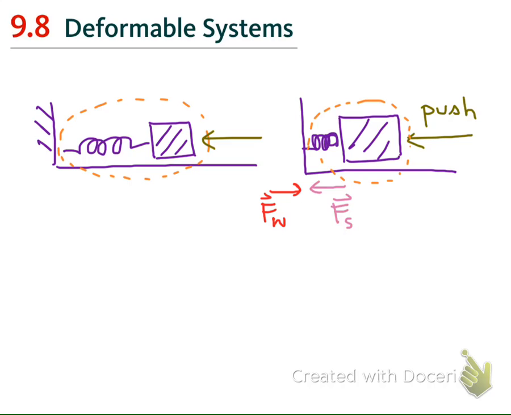We can also think that this Fs is the force from the system exerted on the wall, and this Fw is the force from the wall exerted on the system.